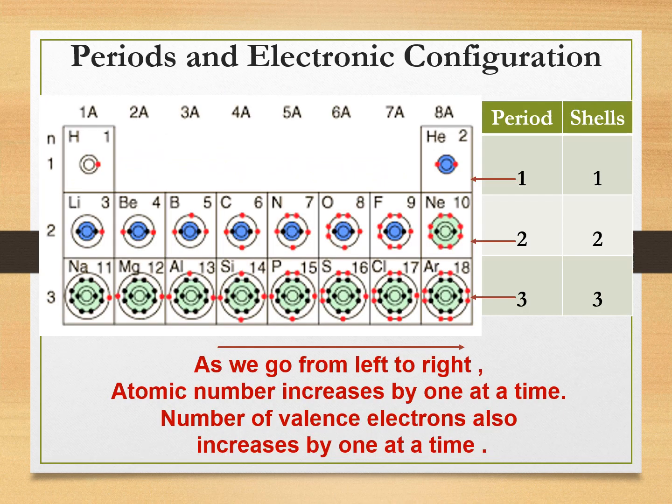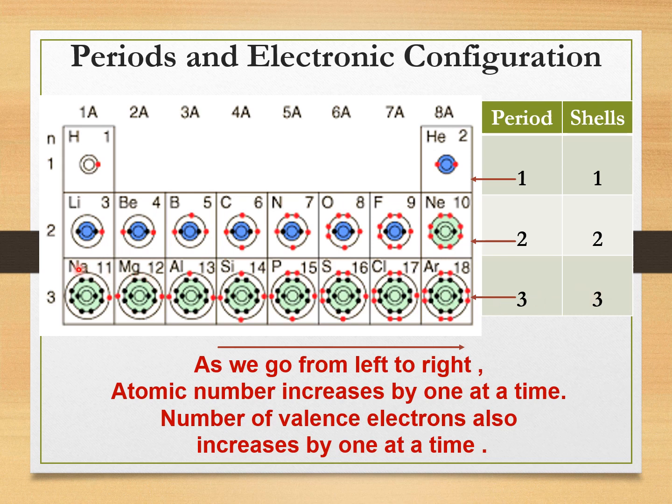Now let us find out what is the relation between period and electronic configuration. In a period, you will find the number of shells is the same, that is, in the first period the number of shells is 1. In the second period, all the members have 2 shells. In the third period, all the members have 3 shells.